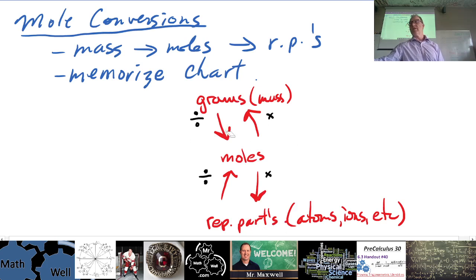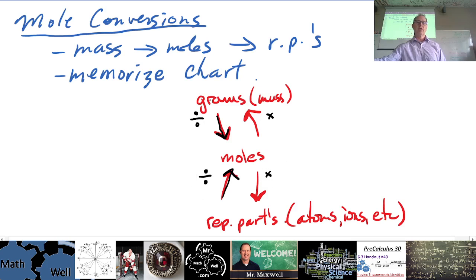When you're converting to moles, the arrow is going to the middle, so it's always divided by. We always divide to go to moles, and obviously we multiply to go away from moles. That's the first thing you want to remember.